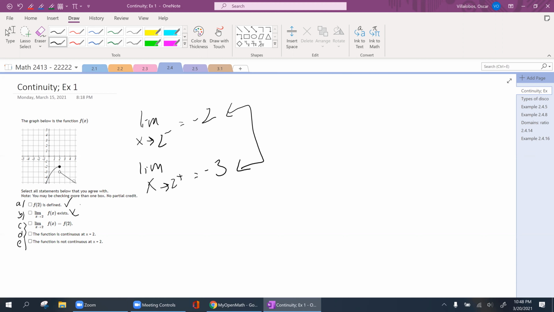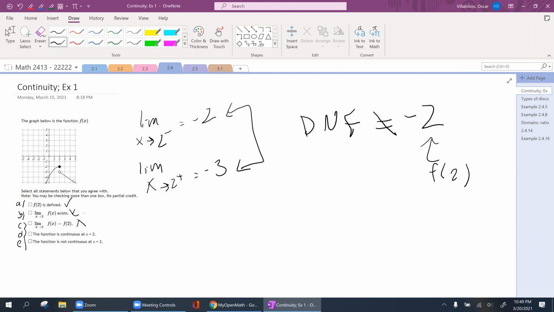I'm told here that the limit as x approaches 2 is the same thing as the function at 2. I already know that's incorrect, because the answer to B does not exist. It's not the same thing as -2, which came from f of 2 in part A.